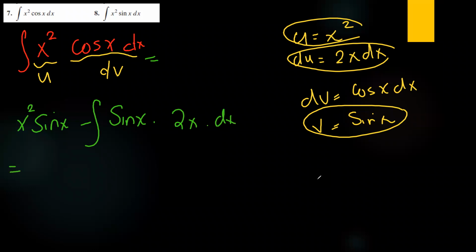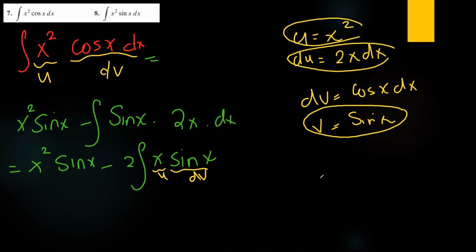Then it is x squared sine x minus the integration of 2 times x sine x. Now, as you see here, we cannot stop here because we still have an integration sign. So we will assume that this is u and this is dv.